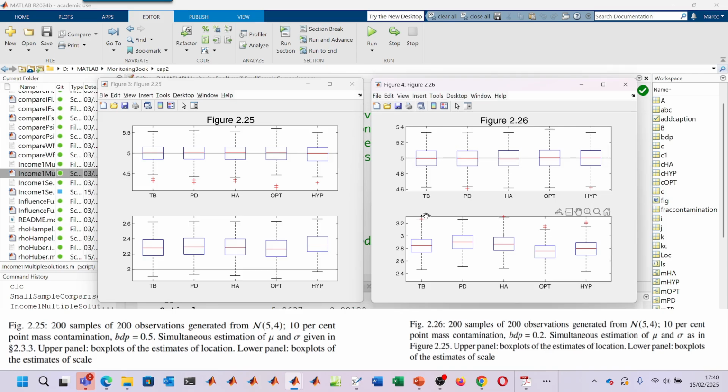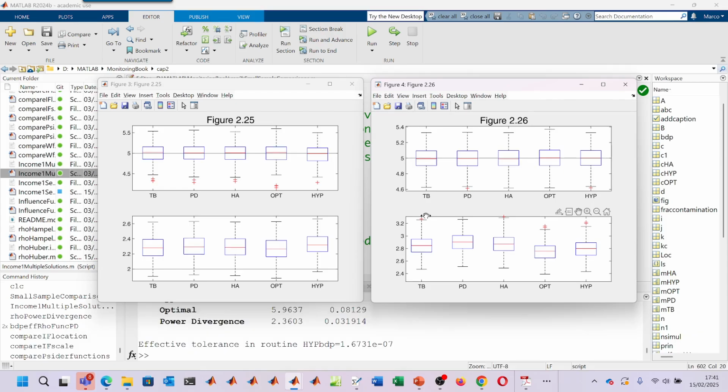So if you want to do simultaneous estimation of mu and sigma, it is better to use a higher value of breakdown point. But this is counterbalanced by the fact that the estimates have a much greater variability.